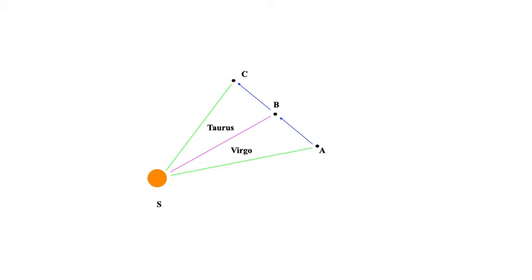Let's name them Virgo and Taurus. Question: is the area of Virgo equal to the area of Taurus? Notice that they share one side, shown in magenta here, which we hereby establish as the base of both Virgo and Taurus.